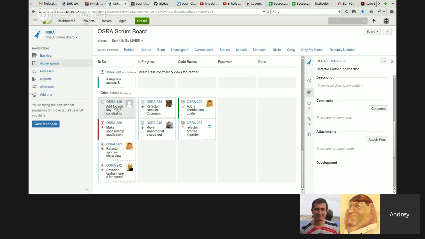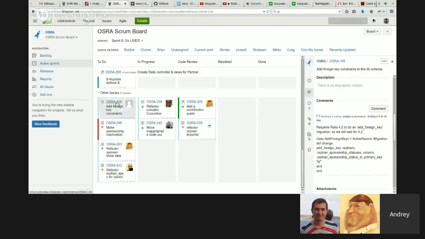So we probably are not doing anything on, or I mean, Matt is not doing anything on 1.146, right? So the consensus is to wait until Rails 4.2. I wouldn't go so far as to say the consensus yet, but that's what it looks like.